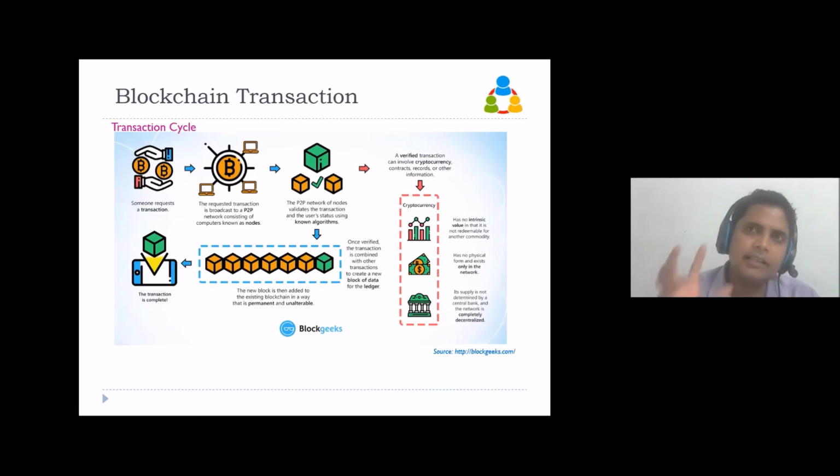Anybody in the network can propose a transaction, saying that I want to send so and so cryptocurrency to person X. That transaction will be broadcasted onto the network. Some node in the network will pick up those transactions and then verify that this particular transaction is correct, that you have 100 Bitcoin or 100 cryptocurrency to send.